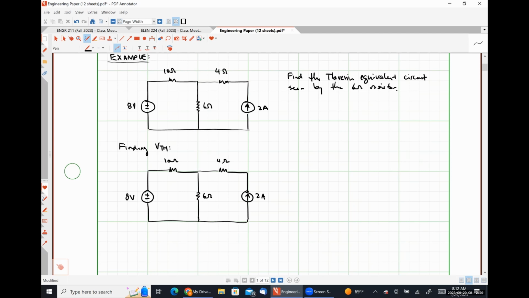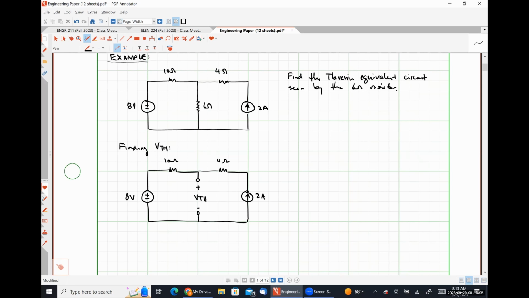The Thevenin voltage is defined as the open circuit voltage across a set of terminals. Since we are finding our Thevenin equivalent with respect to the 6-ohm resistor, we are going to take that resistor out of the circuit entirely. And the terminals where that 6-ohm resistor were connected are the open circuited terminals over which our Thevenin voltage is going to be found. I am choosing to find the Thevenin voltage with a positive polarity voltage on top.